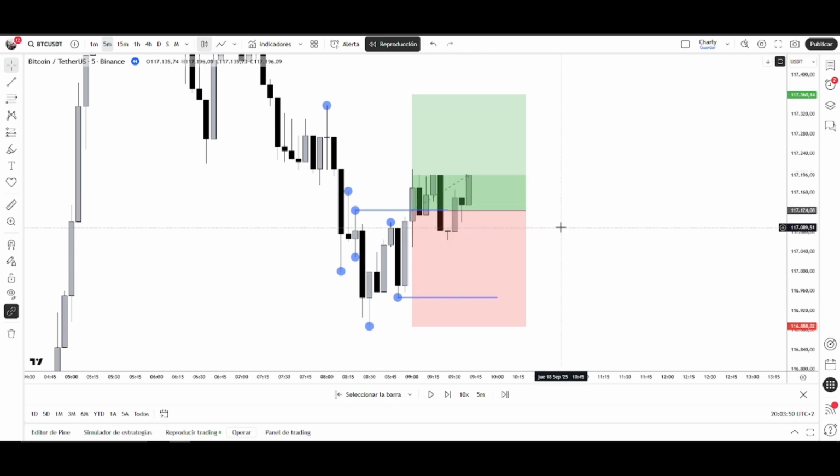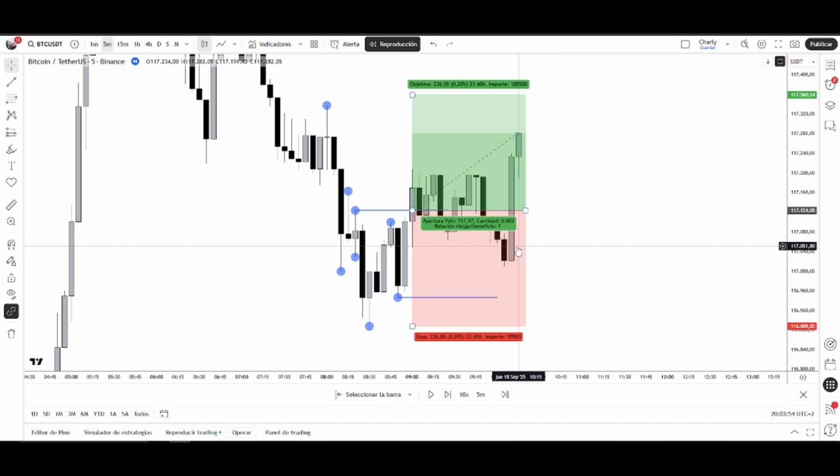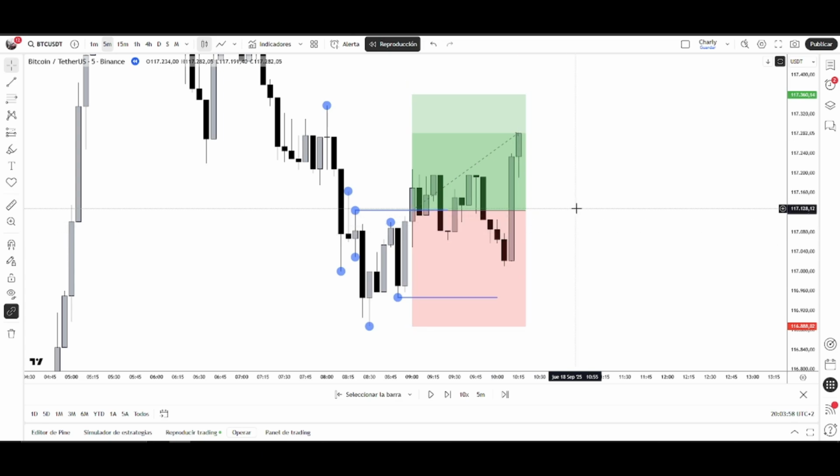It was not that type of fast setups. It actually did some pullbacks until market gained a lot of strength like 1 hour after to then hit the exit. This was a total of 1 hour and 20 minutes for the setup to play out. So yeah, it went active super early in the session with the first candle, but then it took 1 hour and 20 minutes to hit the exit.